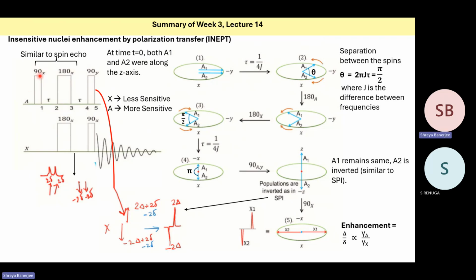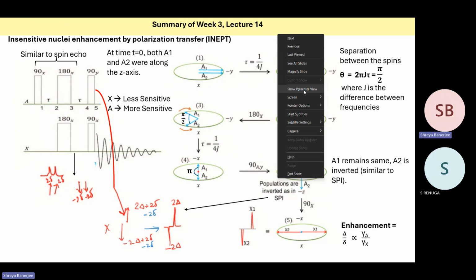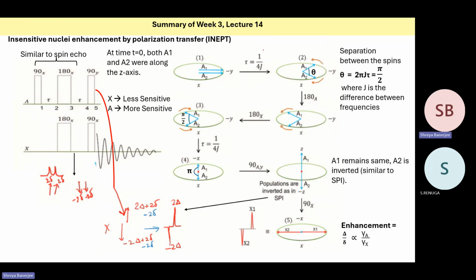After a 90x pulse, from Z axis, the two spins will come to Y axis. Then you are giving a time tau, which is 1 by 4J. So you have A1 and A2, and this is J. So you take 1 by the coupling constant and you give that time tau here.